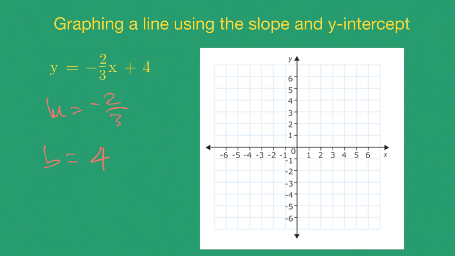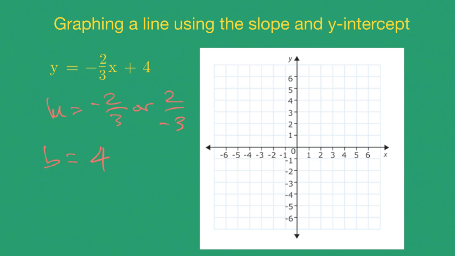Okay? So when you do this rise and run with this slope, you either put that negative with the 2 or with the 3. So how I have it written here first, negative 2/3, or you could write it 2/-3.